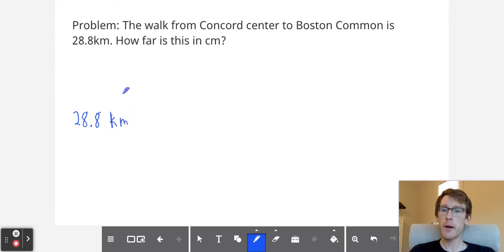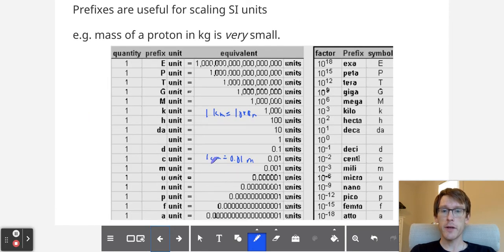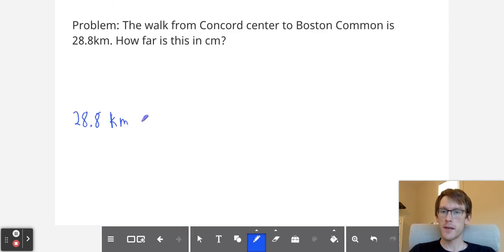Well, I'm going to start by writing down what I have here as a measurement. And then I'm going to go back and I'm going to realize that, well, 1 kilometer is 1,000 meters. So I can say that there are 1,000 meters for every 1 kilometer.